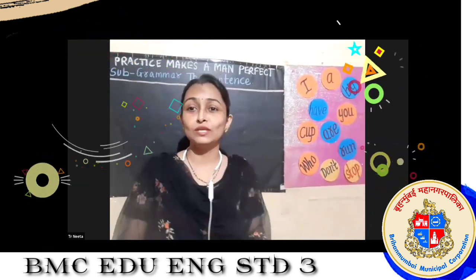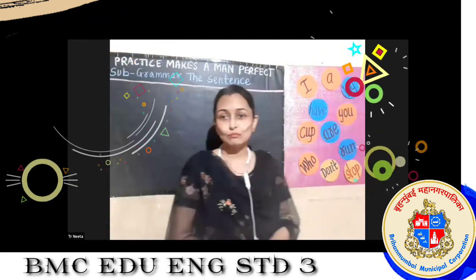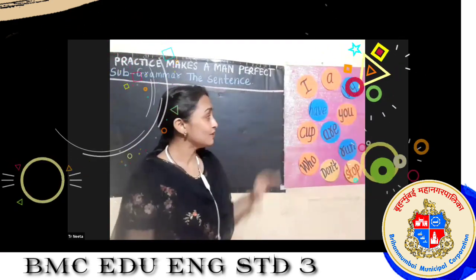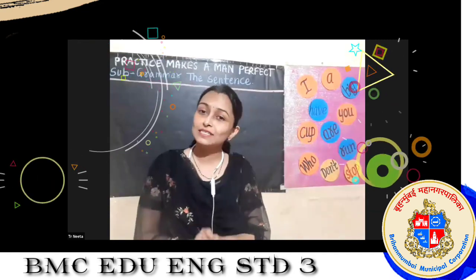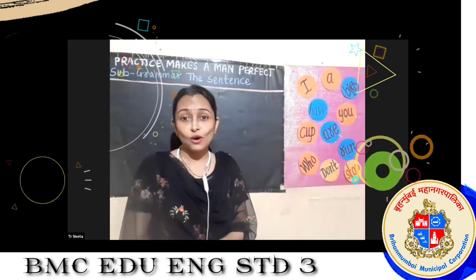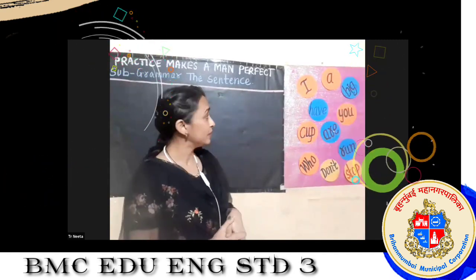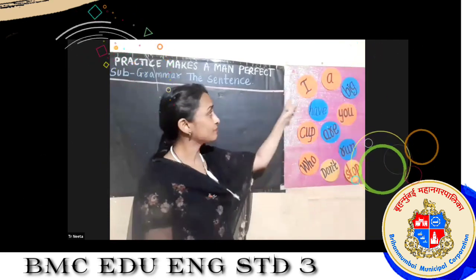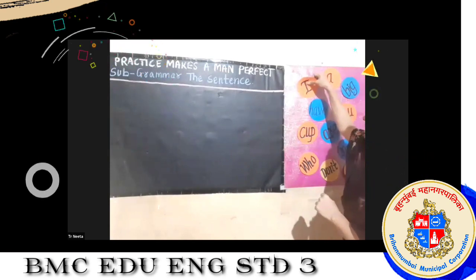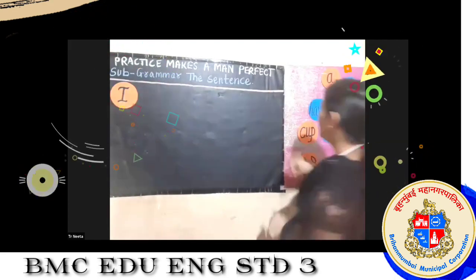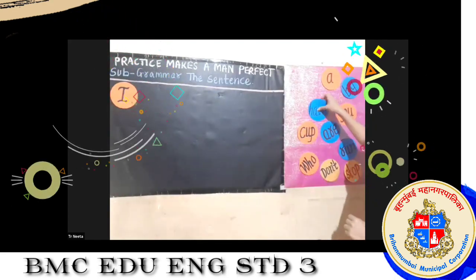Now, wow, can you see these words? Now, with these words, we will try to make simple sentences. Okay, now first we will begin with letter I. Okay, I'm going to paste it here. I. Next, I'll take have.